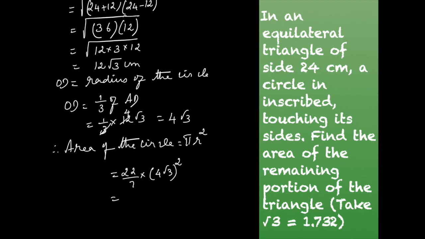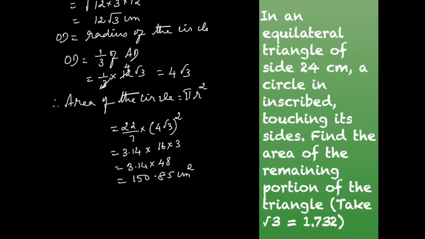Instead of 22/7, you can write 3.14 or whatever way. 3.14 into 16 into 3, 4 into 4 is 16, root 3 into root 3 is 3. So we get 3.14 into 48. If we simplify, we get 150.85 centimeter square. So we found out the area of the circle.